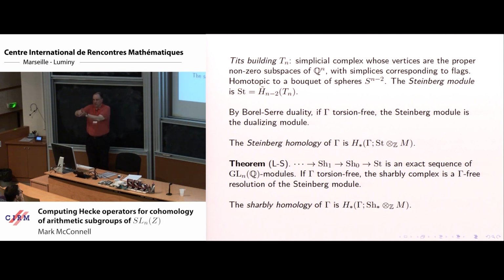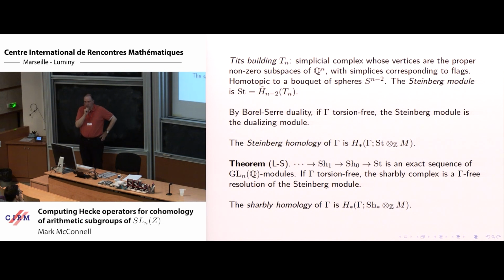Now, subspaces of Q^n can form flags, and whenever the subspaces form flags, you connect the vertices of your complex into a simplex. So the Tits building is the simplicial complex corresponding to flags. And it is known that this is homotopic to a bouquet of spheres, of dimension n-2. Excuse me, a bouquet of many such spheres. So the Steinberg module is the reduced homology of those spheres in the only dimension that matters, n-2.